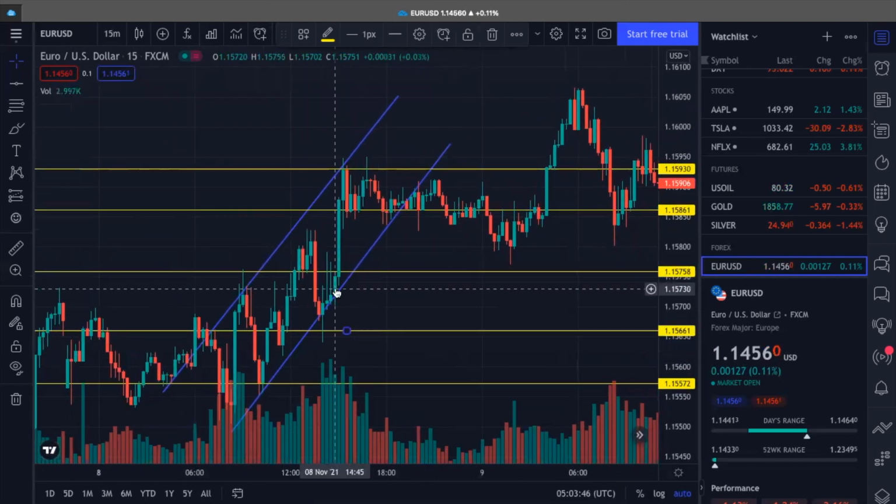Trend lines are very helpful, guys. I wanted you to understand that trend lines are very helpful to add towards your trading strategies. But me personally, you have to understand that even though trend lines are very valuable, do not use trend lines by themselves while you are a beginner trader.